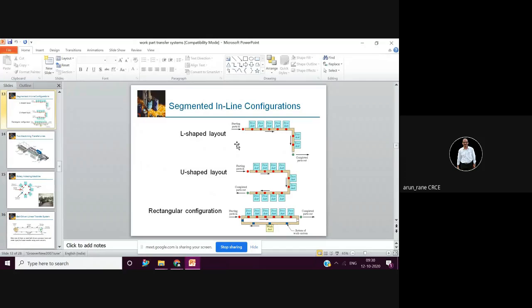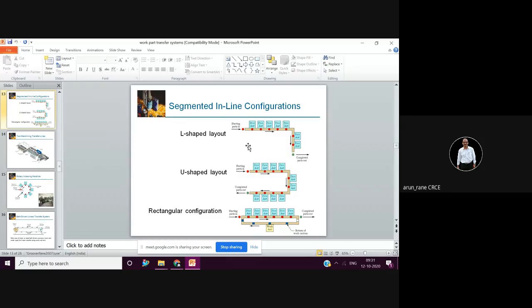There can be other lines, like say an L-shaped layout. This is now your L-shaped layout. You can have a U-shaped layout. Again, the advantage of the U-shaped layout is that the worker from this station can be asked to help this one, because the travel length is not much.